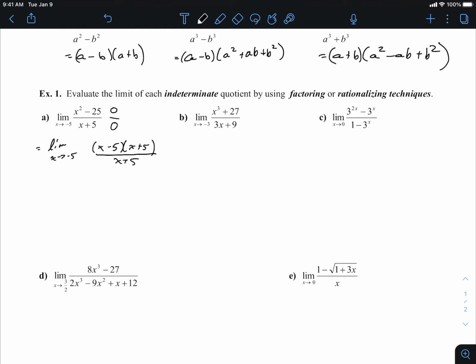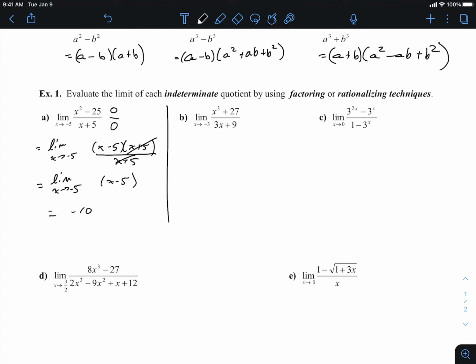What we see happen is we can cancel these out, and so now we can evaluate the limit as x approaches negative 5. We're going to see that the limit is negative 10.